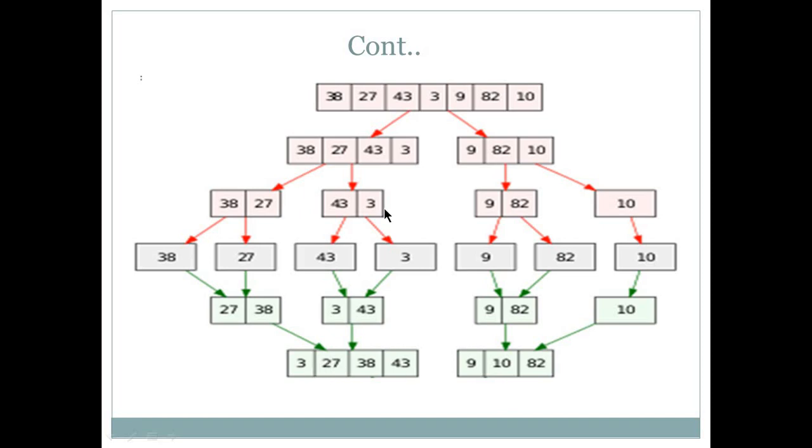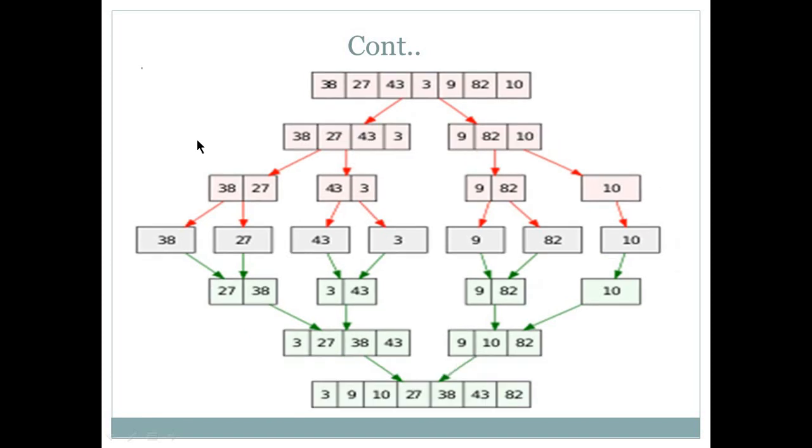In the last step we will perform the last merging of these two lists. After performing the merging, it will look like this. You can see here our values 3, 9, 10, 27, 38, 43 and 82 in merged manner, and it is already sorted. Previously we had this type of array, and now we have this type of list. So this is the working of the merge sort algorithm.